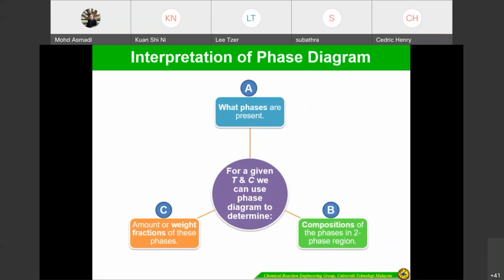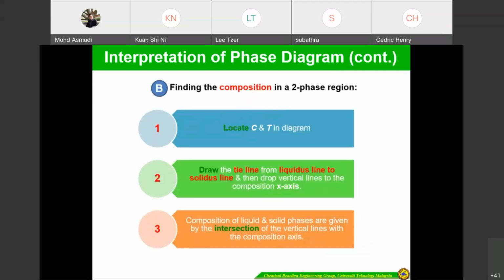So how can we interpret that phase diagram? What steps do we have to follow? First, locate the temperature and composition in the diagram. Draw the tie line from the liquidus line to the solidus line, as I already showed you.